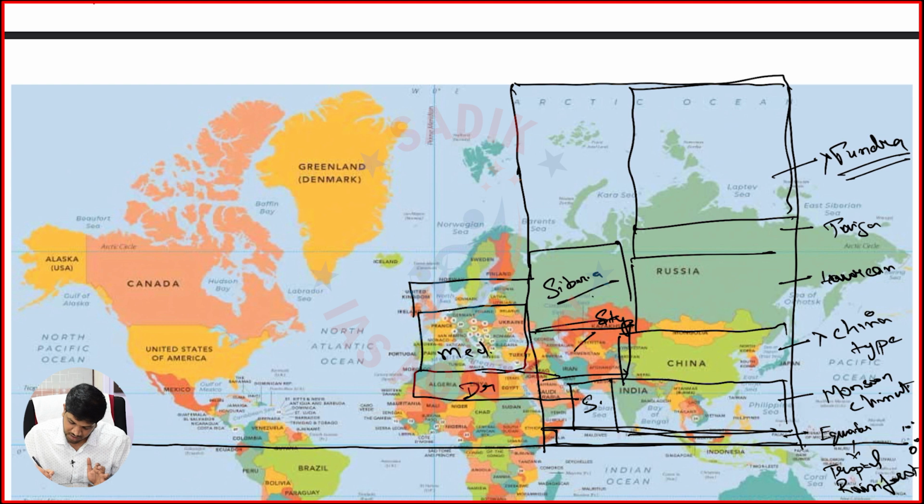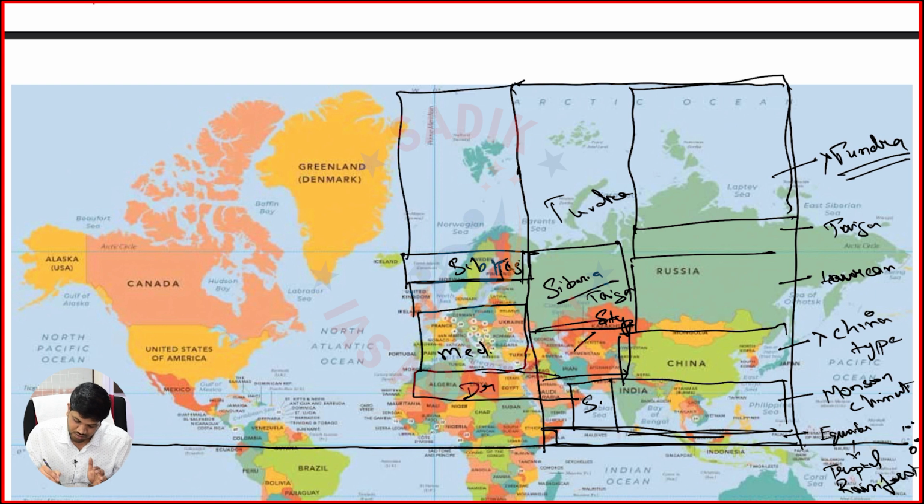Siberian is also taiga climate, and above this is tundra. Above the British climate we will also encounter Siberian or taiga climate, and above this is tundra.